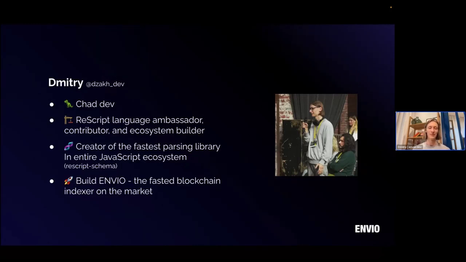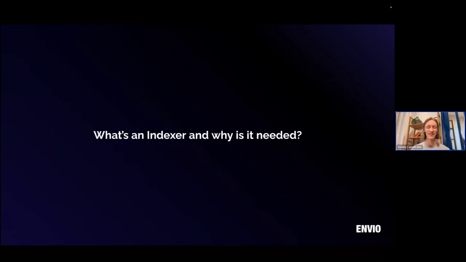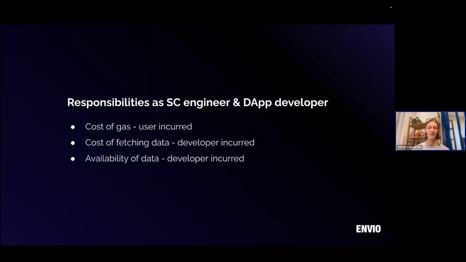And I also built Envio, which is the fastest blockchain indexer on the market. I can proudly say this because it's true. Okay, but it's the least interesting part. So let's continue and talk about why an indexer is needed and what it is in general.